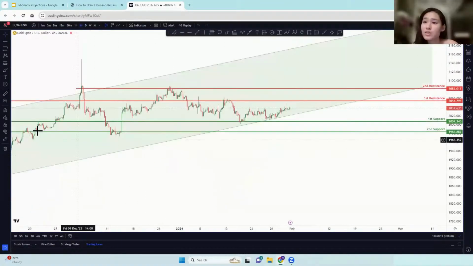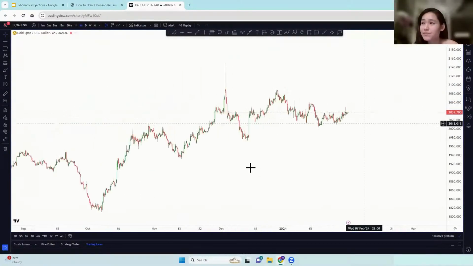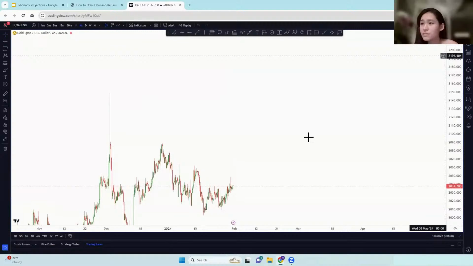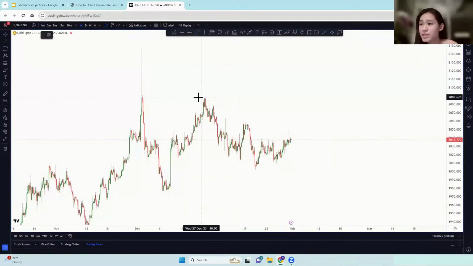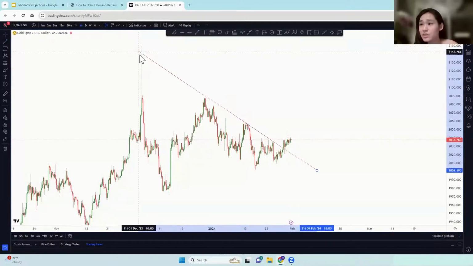Okay, let's look at our 4-hour time frame. On our 4-hour time frame, we can see that price recently broke out of this descending trend line.